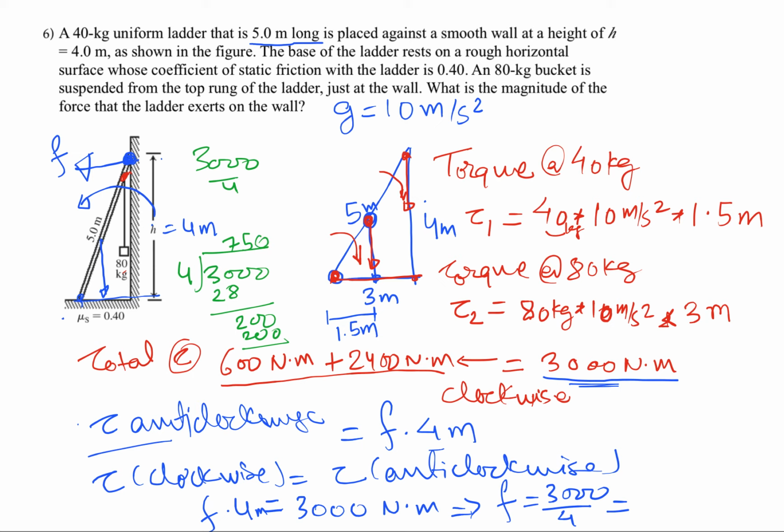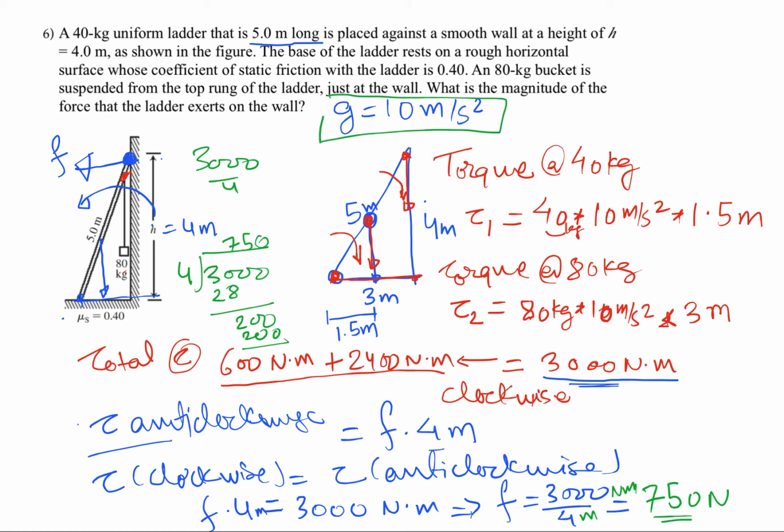This is what I do in my head. The units are Newton meter divided by meter, the meters cancel out, leaving 750 Newton, using g equals 10 meters per second squared.